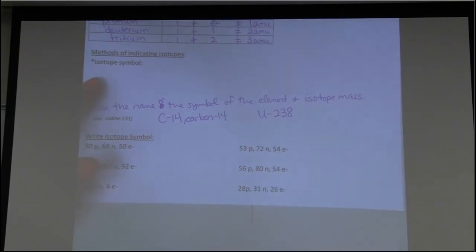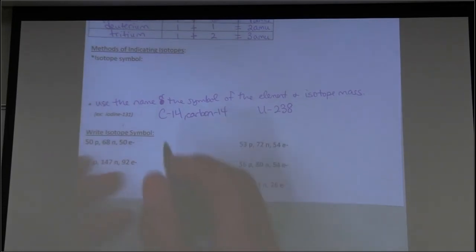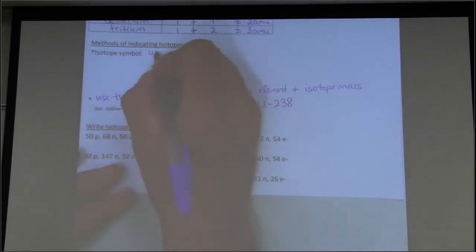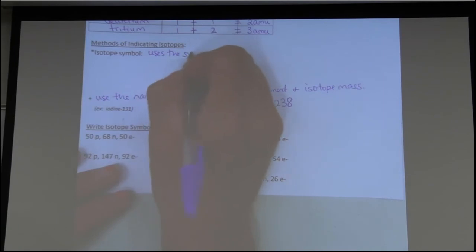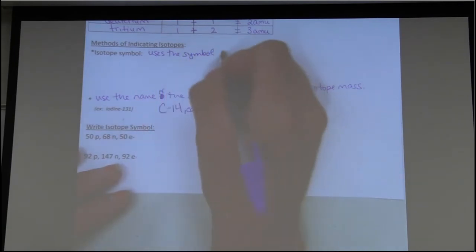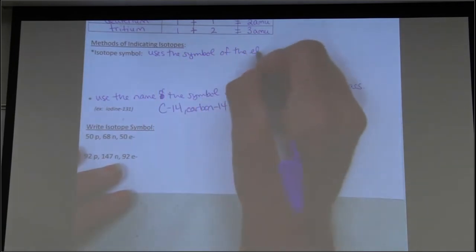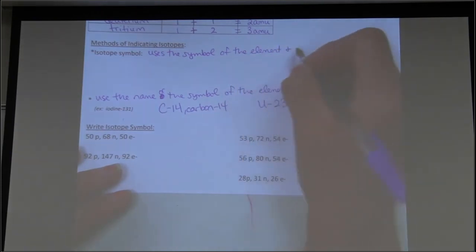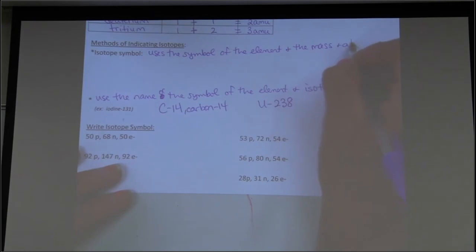But there's also what we call the isotope symbol. The isotope symbol uses the symbol of the element and the mass and atomic number.